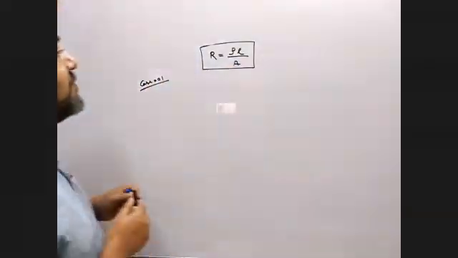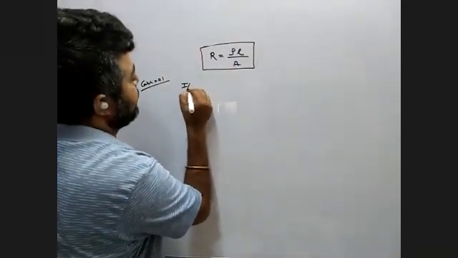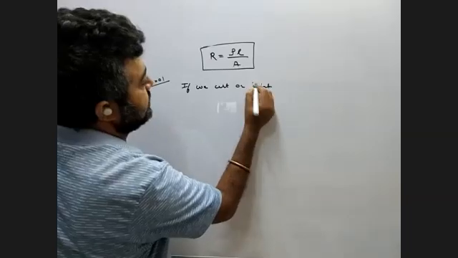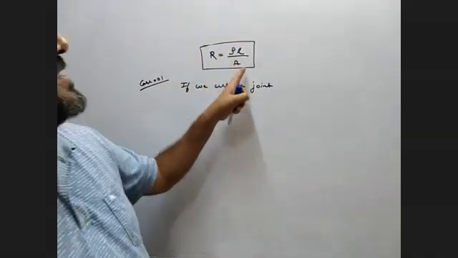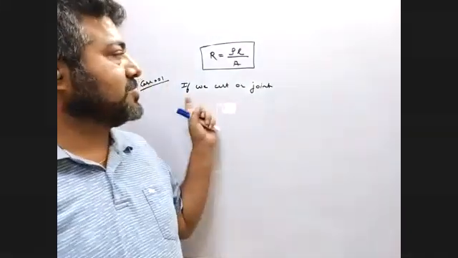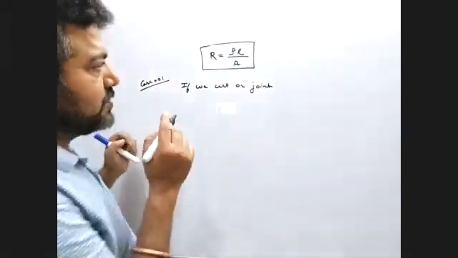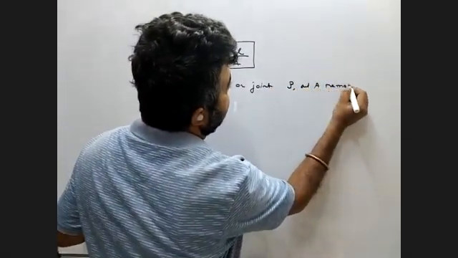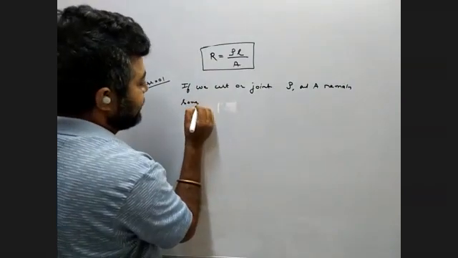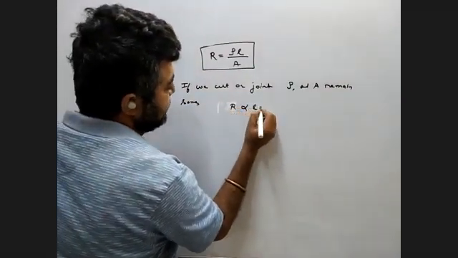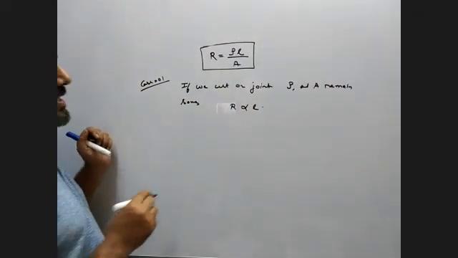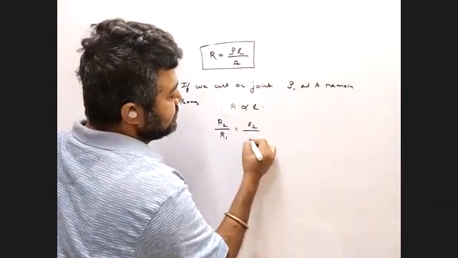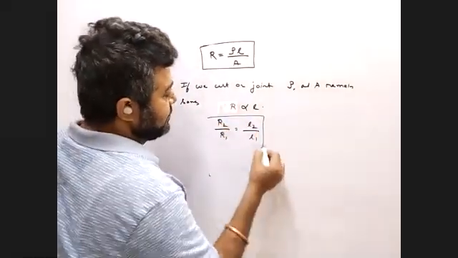In this type of question, if we cut or join, then resistivity and cross-section area remain the same because you are joining the same wire. So rho and A remain the same. So R is directly proportional to L, and as R is directly proportional to L, R2 by R1 is L2 by L1. You can use this formula.